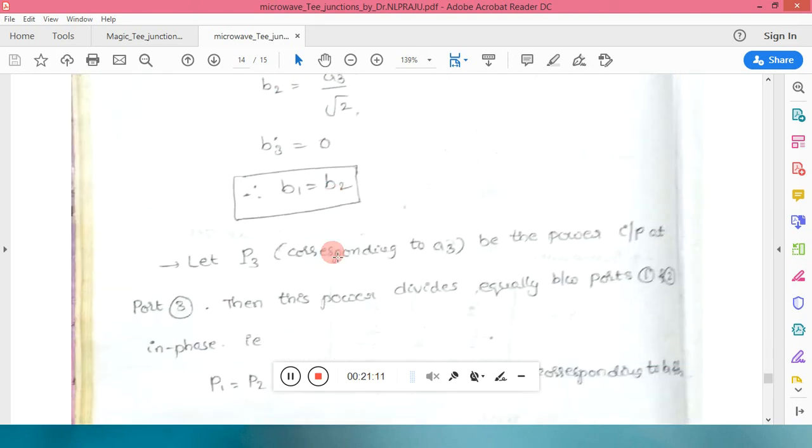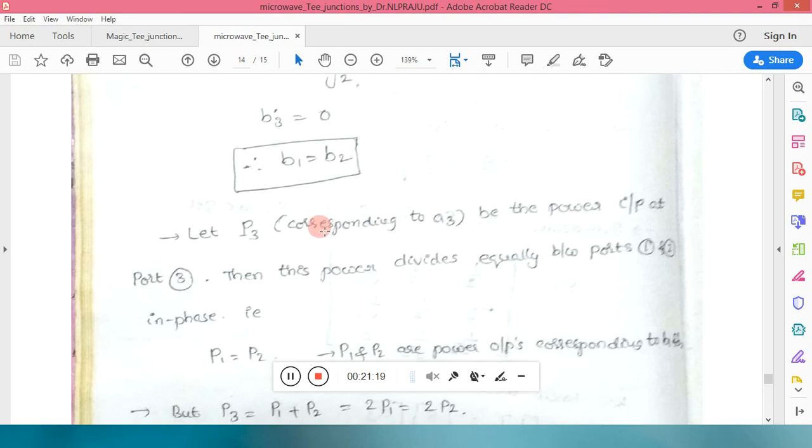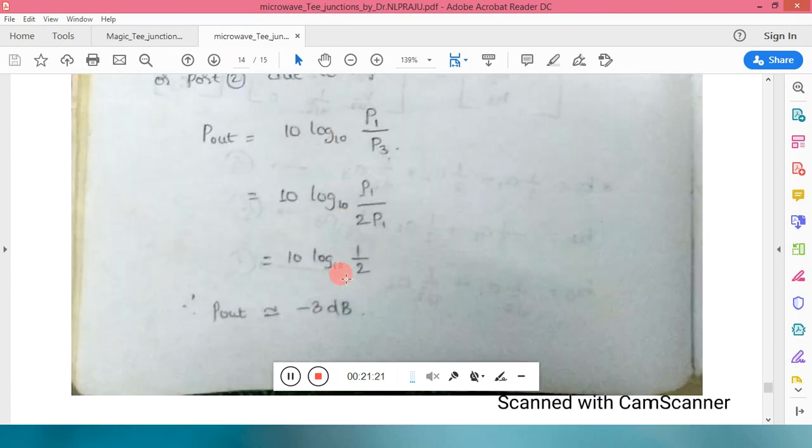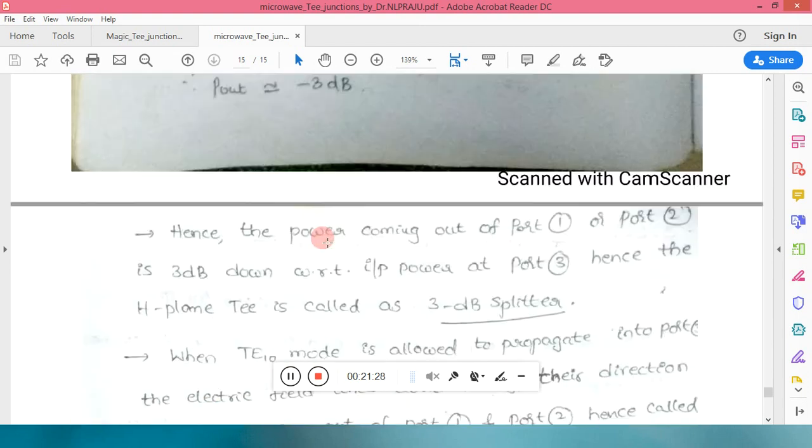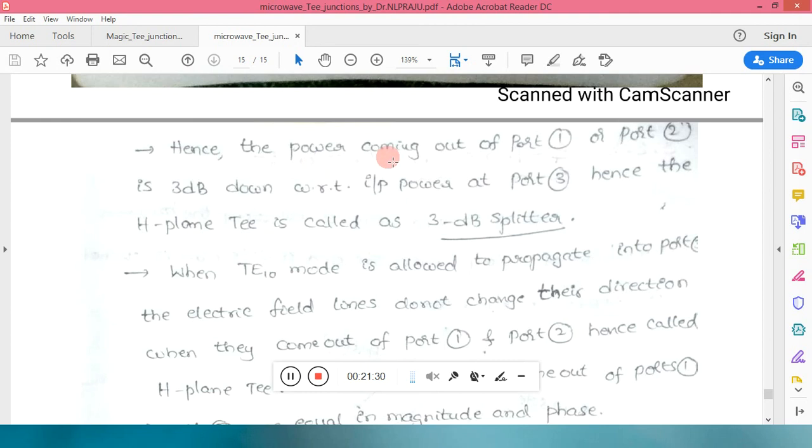This means that if you apply power at port 3, the outputs at ports 1 and 2 are the same, with the same phase angle. In terms of dB, the output power is minus 3 dB of the input power. Hence the power coming from port 1 and port 2 is 3 dB down with respect to the input power at port 3.